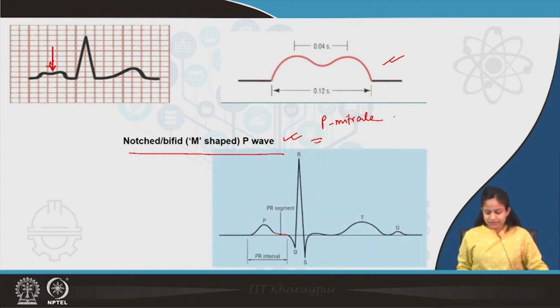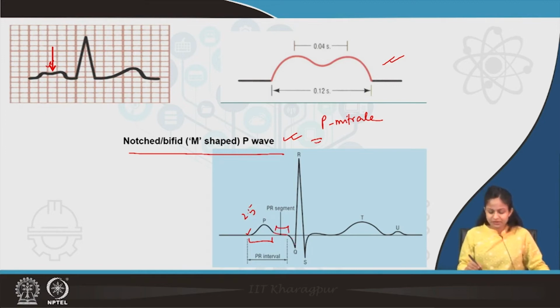Next, we come to the PR interval. Already we had told the PR interval is from the beginning of the P wave to the starting of the R wave or the Q wave. Now, the P wave duration is 2.5 boxes. The PR segment duration, which is a straight line, is also 2.5 boxes.